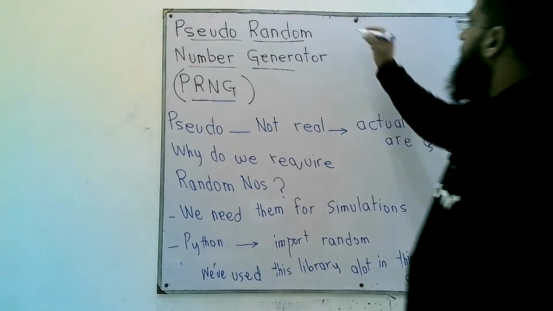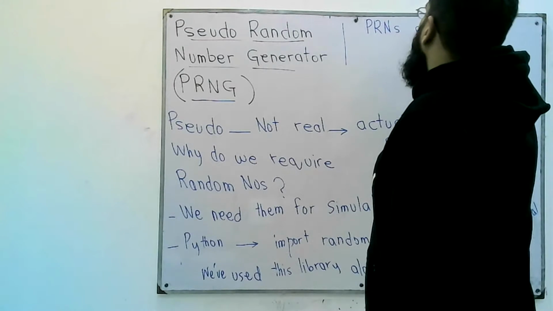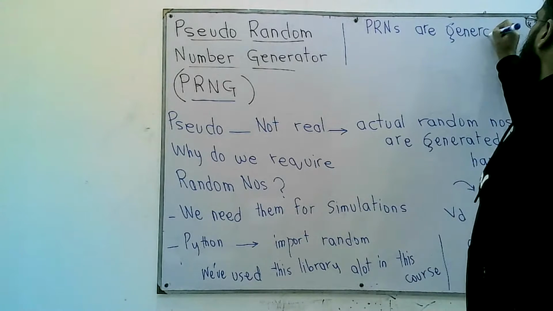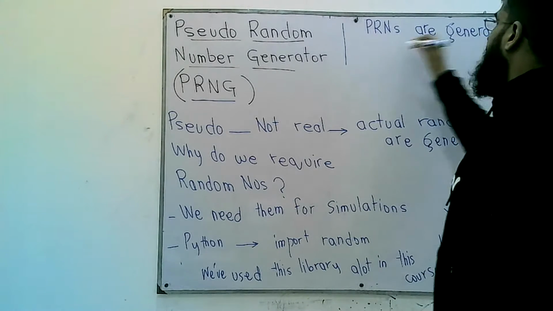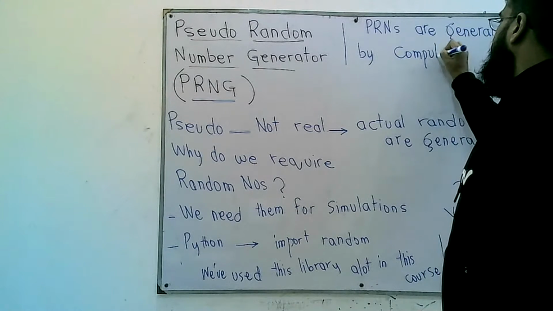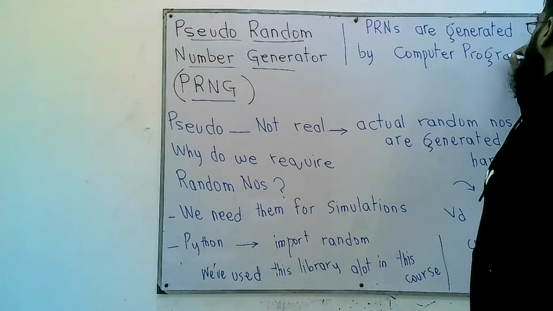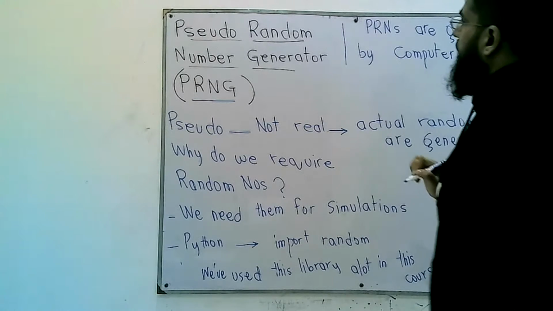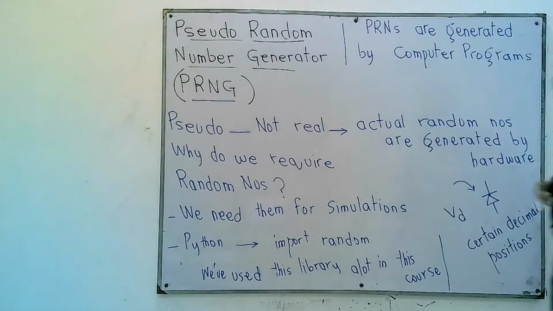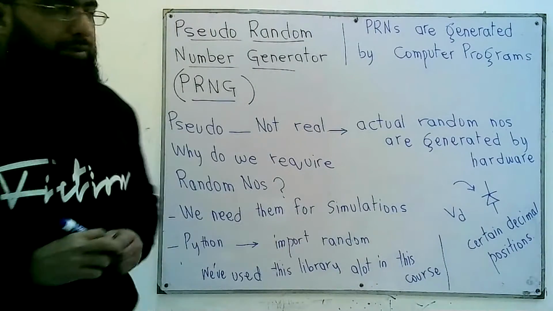So pseudo random number generators, pseudo random numbers, PRNs, are not generated by hardware, they are generated by computer programs.